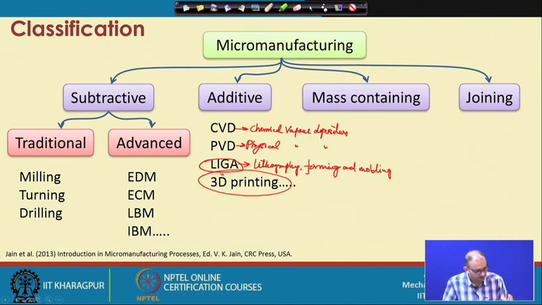And 3D printing, there are different names available, those are additive manufacturing, then we can also call it rapid prototyping.